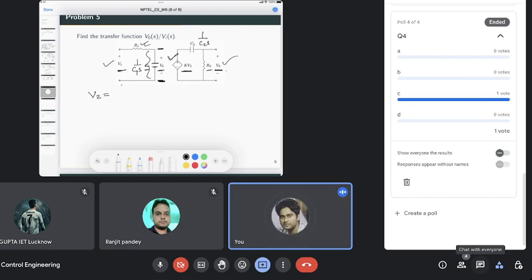So this is just 1 by C1s divided by R1 plus 1 by C1s, times V1. So this is just 1 by 1 plus R1C1s, times V1. Again you apply the voltage division rule here, so your voltage V out, V0, will be just R2 by R2 plus 1 by C2s, times K V2.